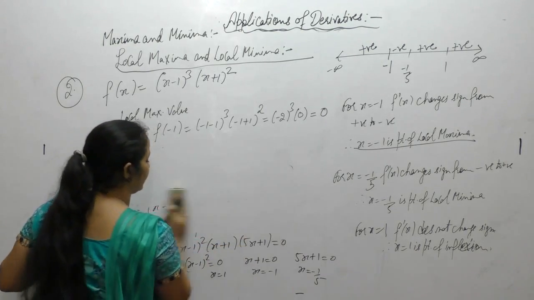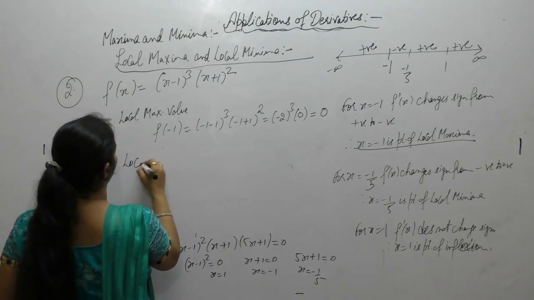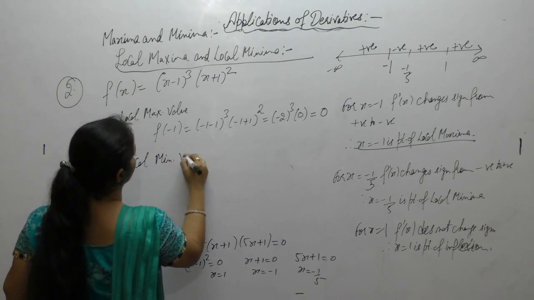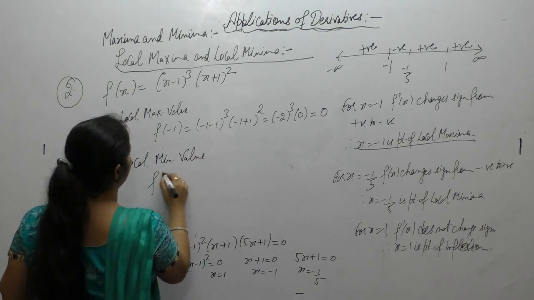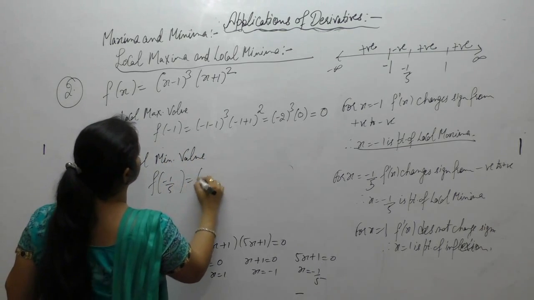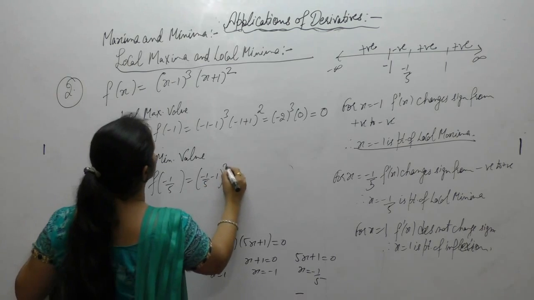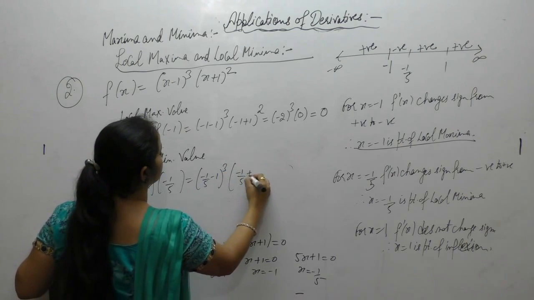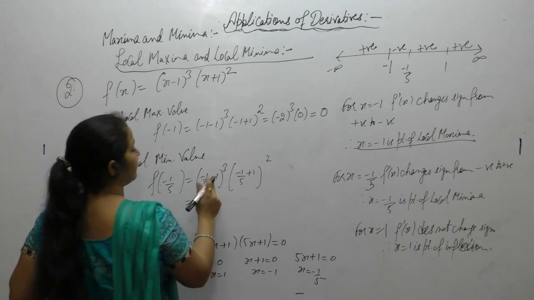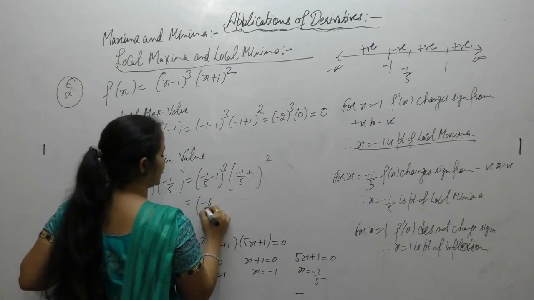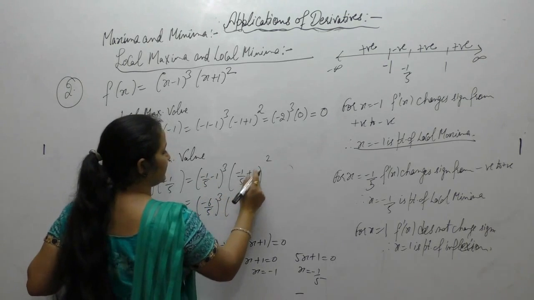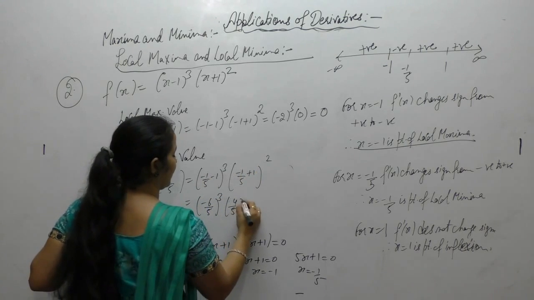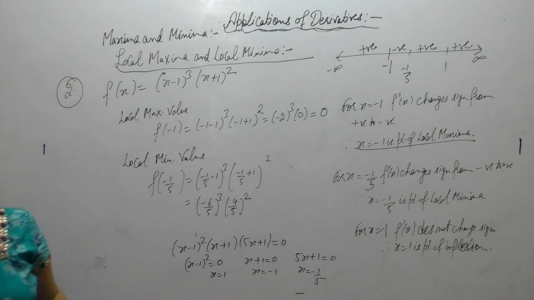Now the local minimum value. The local minimum value at minus 1 by 5: minus 5 minus 6 by 5 cube, 5 minus 1, 4 by 5 square.